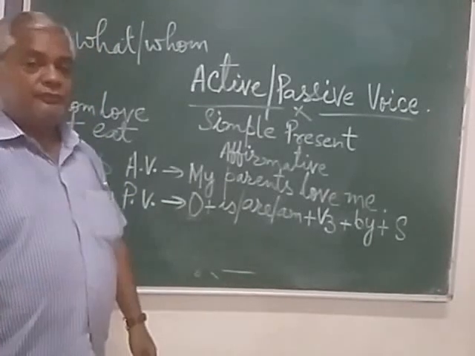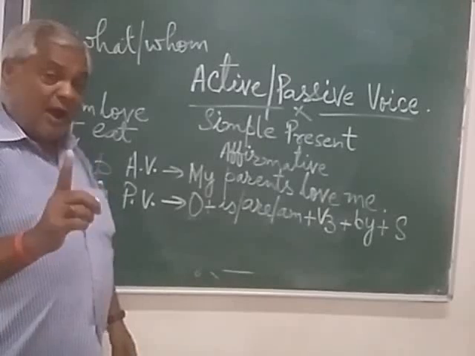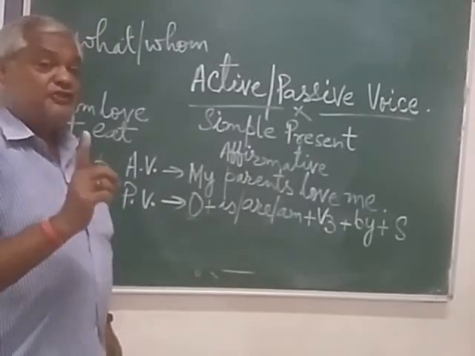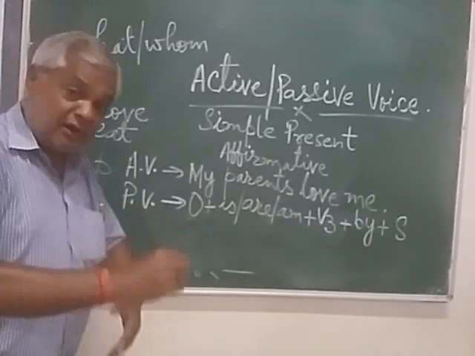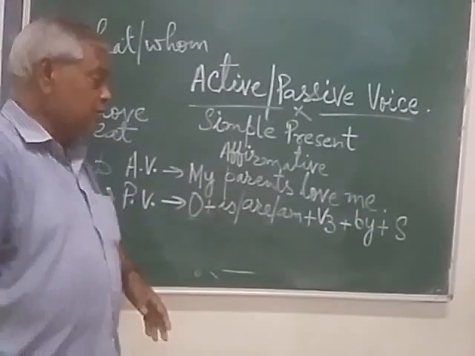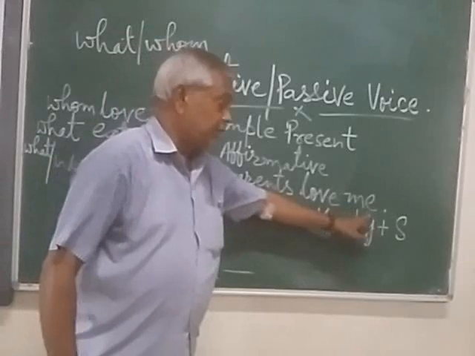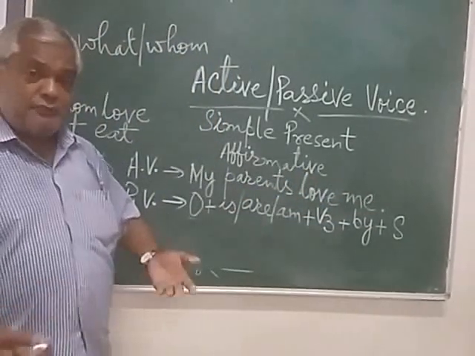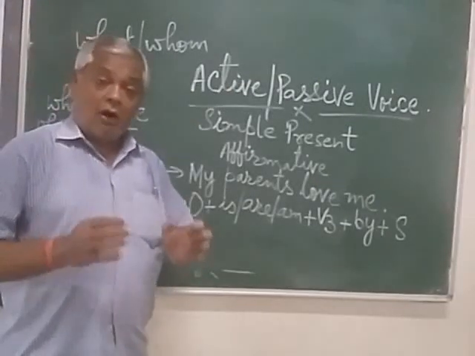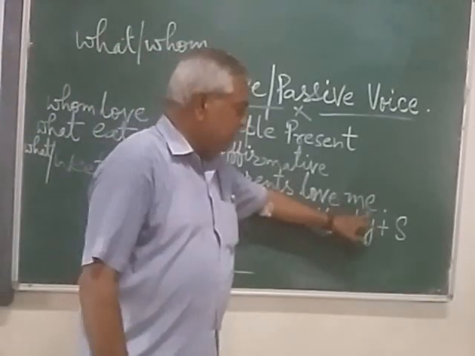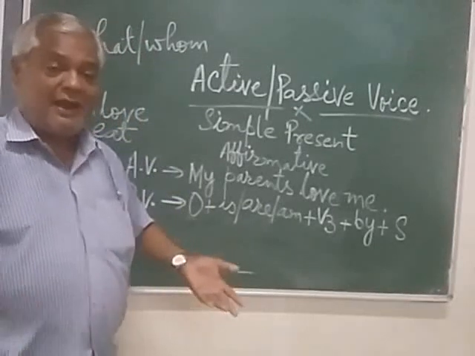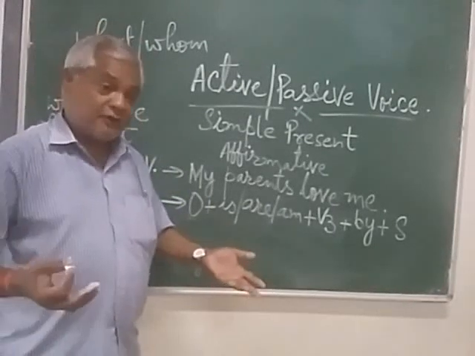Remember, first you have to find the action word, that is the verb. And just after the verb, the object is there, and it should be a meaningful object. So here the word "me" itself clarifies the object.